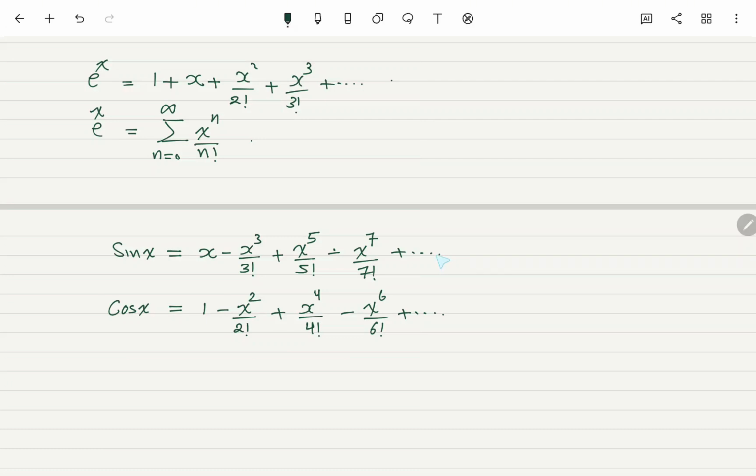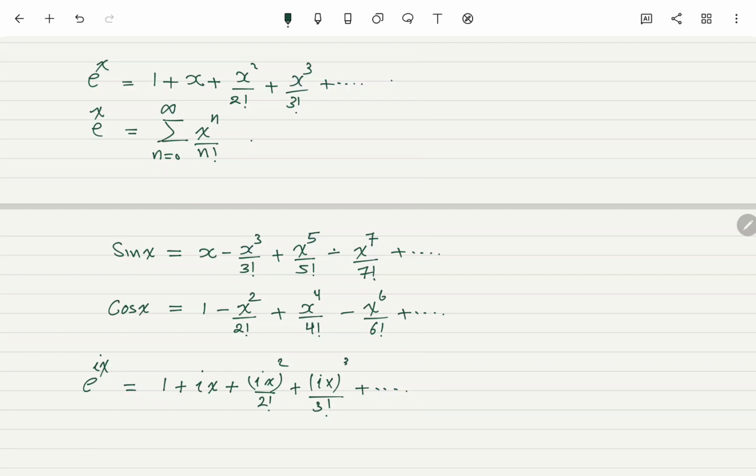From the definition of sine and cosine and the definition of e to x, we can see that e to ix equal to 1 plus ix plus (ix) squared over 2 factorial plus (ix) cubed over 3 factorial plus and so on.